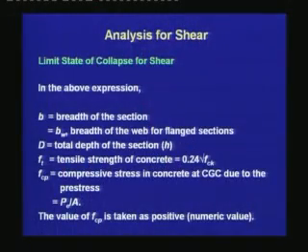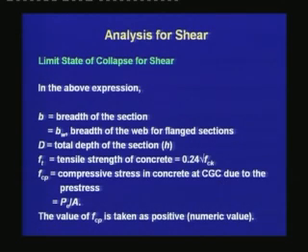In this expression, b is equal to breadth of the section, which is equal to bw, the breadth of the web for flange sections. D is the total depth of the section, which we have represented as h in earlier occasions. ft is the tensile strength of concrete, which is 0.24 root fck. This is the direct tensile strength. fcp is the compressive stress in concrete at CGC due to the pre-stress, which is equal to Pe by A, and we are just taking the numeric value of fcp.